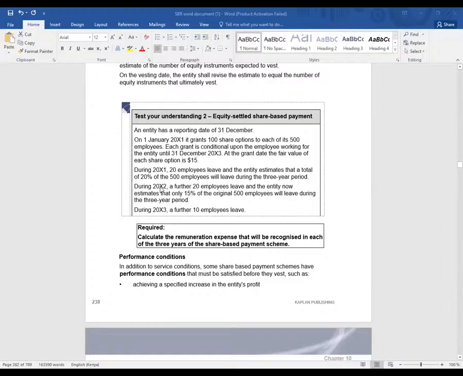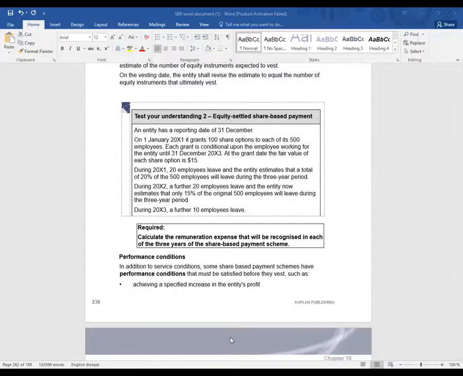You can see they're making use of the word total, 15%.